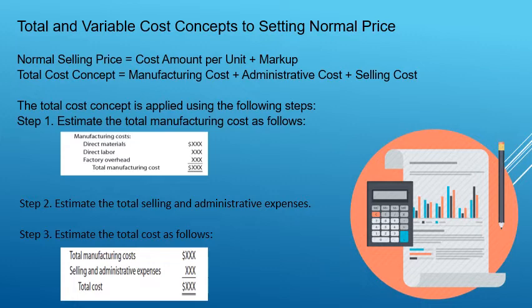The third step is to estimate the total cost. To get it, we have the total manufacturing cost plus the selling and administrative expenses.